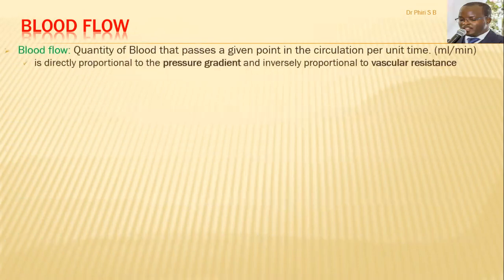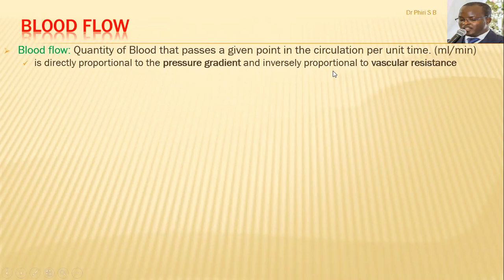Moving on to blood flow. What is blood flow? Blood flow is simply the quantity of blood that passes a given point in the circulation per unit time, so it is measured in milliliters per minute. Blood flow is directly proportional to the pressure gradient, and inversely proportional to the vascular resistance.